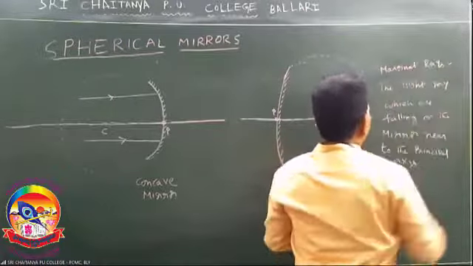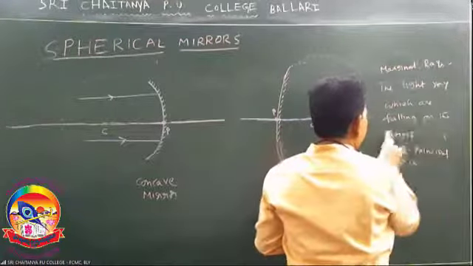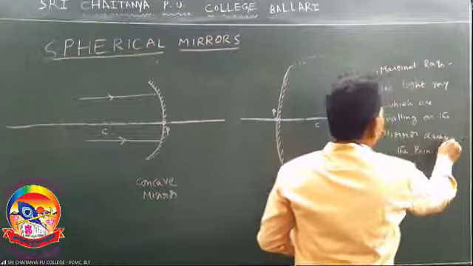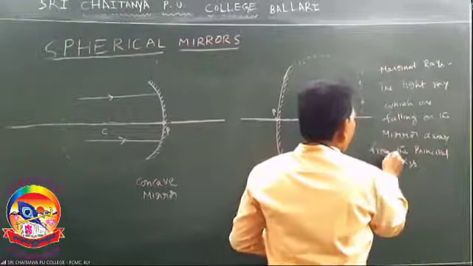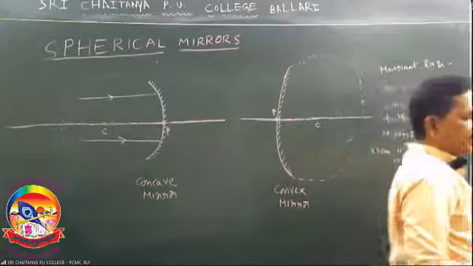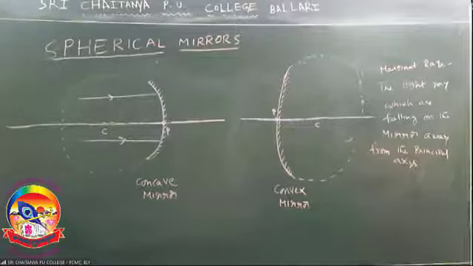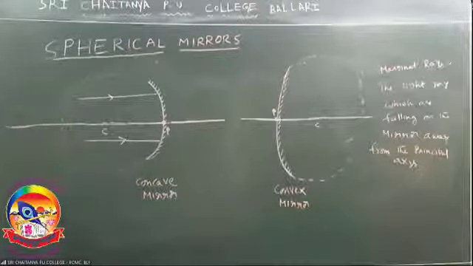Marginal rays are those light rays which are falling onto the mirror away from the principal axis. The marginal rays make larger angles. Paraxial rays make smaller angles.